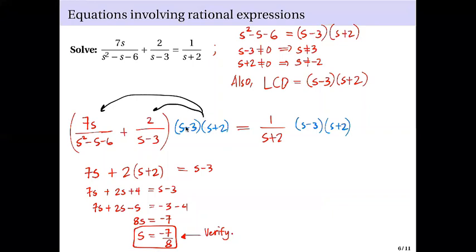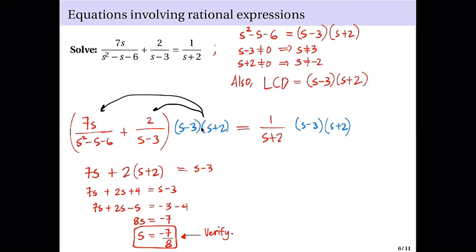Yeah. So if we distribute this, again, this (s minus 3)(s plus 2) is just your s squared minus s minus 6. So if I distribute it to this part, that s squared minus s minus 6 will be cancelled. So we will be left with 7s only, the numerator only, because this will cancel both of the factors here. On this one, you have the 2, so you have the 2 here.